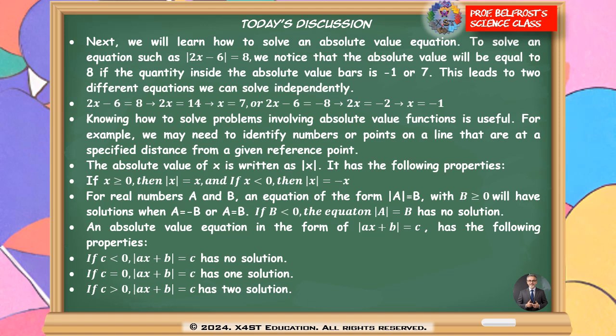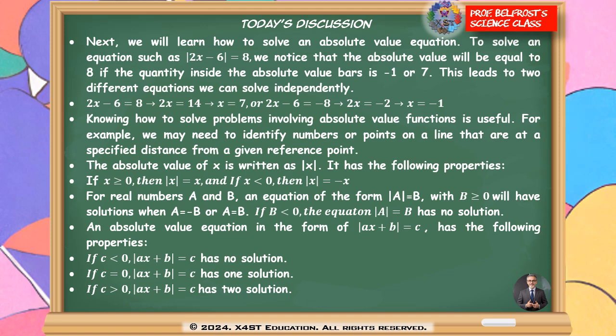Knowing how to solve problems involving absolute value functions is very useful. So here are the properties that are used to solve this kind of problem. If x is greater than or equal to 0, then the absolute value of x is x, and if x is less than 0, then the absolute value of x is minus x.